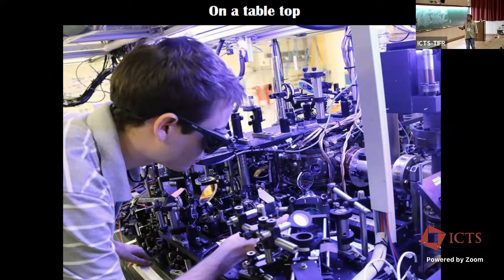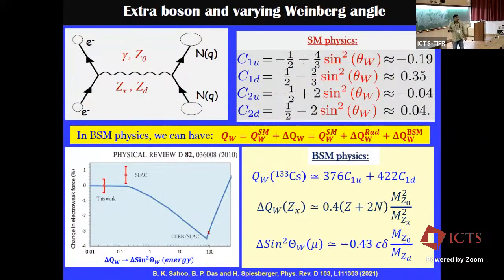So now let us see how we can infer that kind of physics. If you consider atoms, we have electrons and a nucleus. Generally, we consider electromagnetic interactions due to the exchange of photons. But generally, we neglect that there could also be another particle coming from the standard model of particle physics, known as the Z0 boson, that can also be exchanged between the electron and the nucleus.